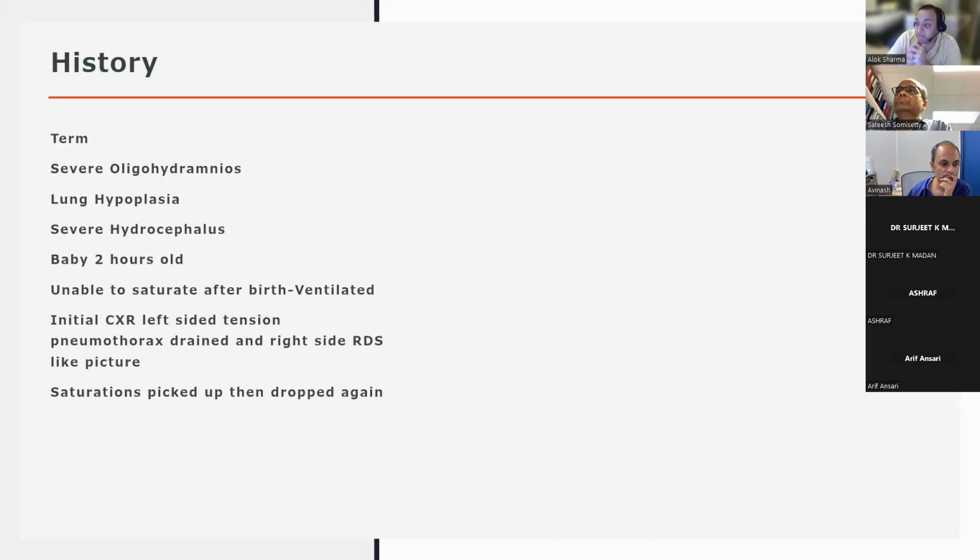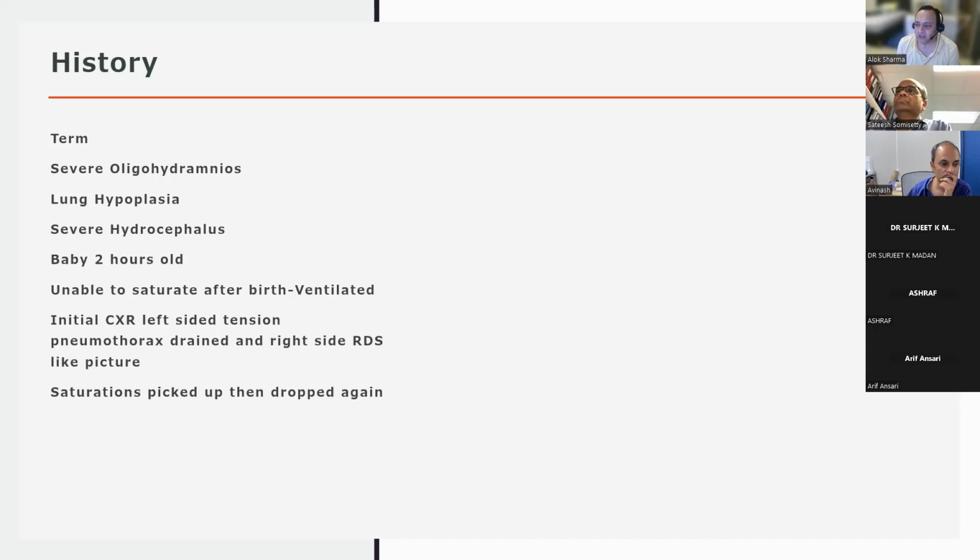The baby was not saturating even in 100%, so had a dope done. There were clinical concerns that this baby had a left-sided pneumothorax. This pneumothorax was transilluminated, positive, and the baby had needle thoracentesis in the delivery suite, followed by a move to the neonatal unit.